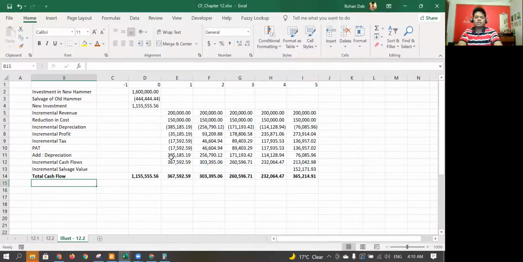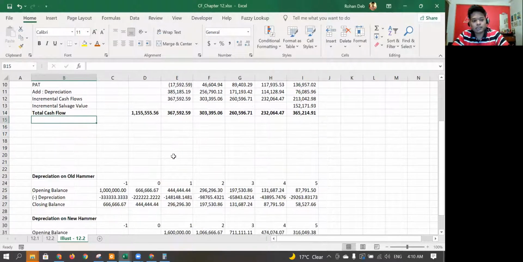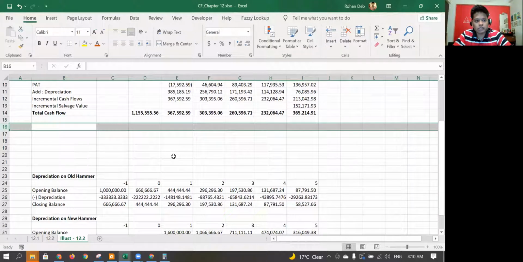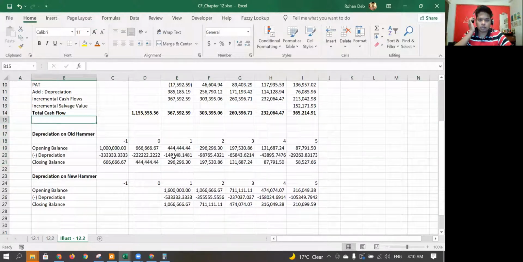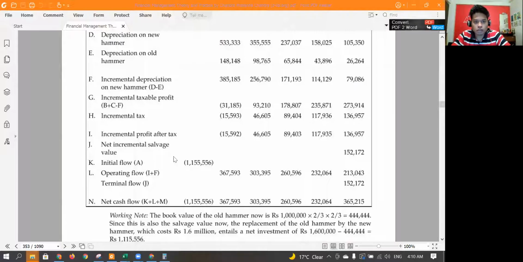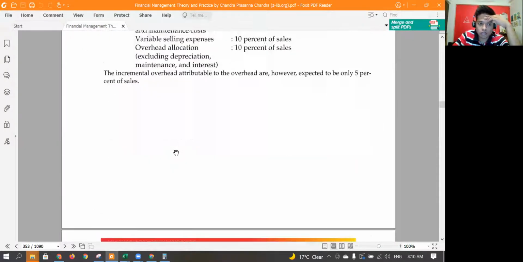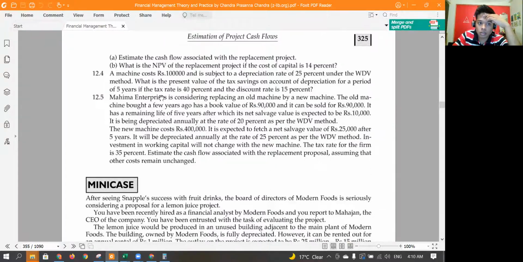Okay. So this is also an important sum that I thought would be important, because this incremental depreciation treatment is not covered in class by sir, but he might give a sum regarding this, or this might be a part of a sum. Similarly, there is a question over here, 12.5. You can try this on your own, but this is a very simple question. It just gives you the two depreciation difference.